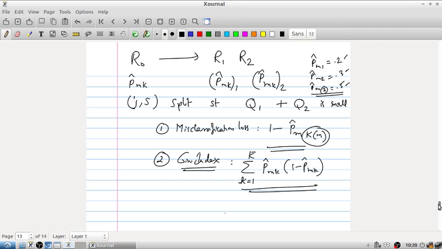So I don't know if you remember from some previous class that the variance of a Bernoulli random variable is p times 1 minus p. If you flip a coin with bias p as a parameter, then the variance of that coin is p times 1 minus p. So you can see that something similar is happening here. We are doing p times 1 minus p and summing over all k classes.